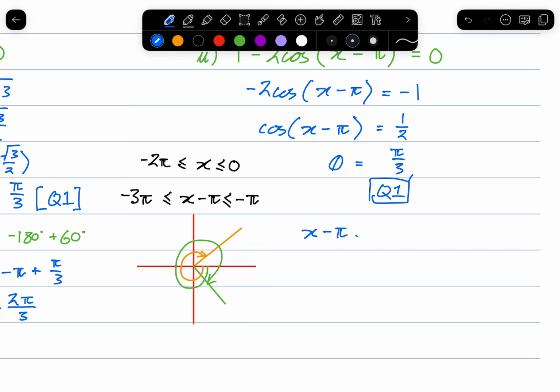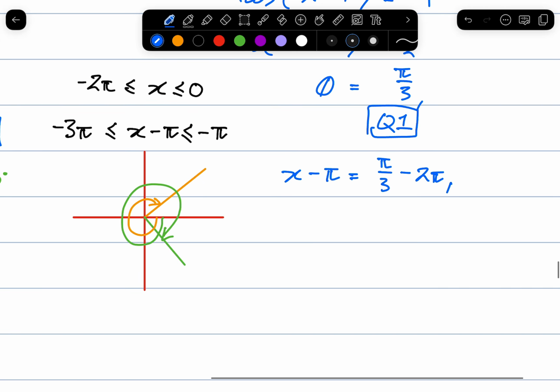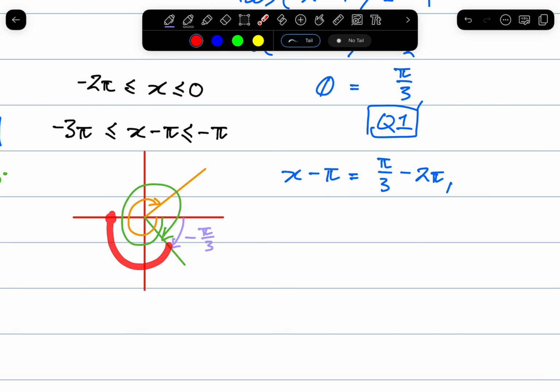The way I would do this is first, pi on 3, that's quadrant 1. If I'm going to go back a full revolution, it's going to be pi on 3 minus 2 pi. Likewise, this one in light purple would be negative pi on 3, but we're looking at the revolution behind it.